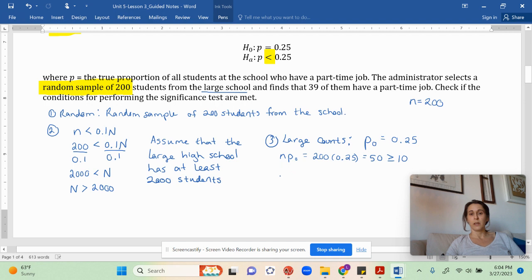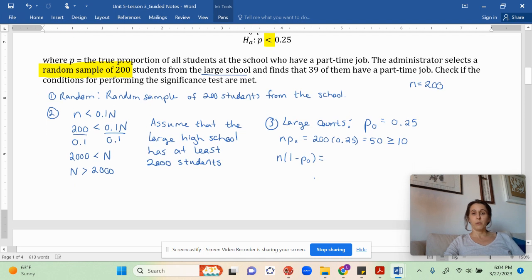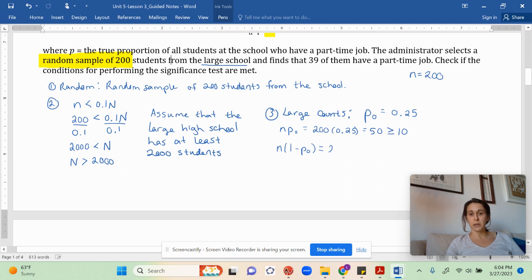We also have to check that n times 1 minus p naught is greater than or equal to 10. Well, n times 1 minus p naught is 200 times 1 minus 0.25, which is 200 times 0.75, which is 150. And 150 is also greater than or equal to 10. So this condition is met.